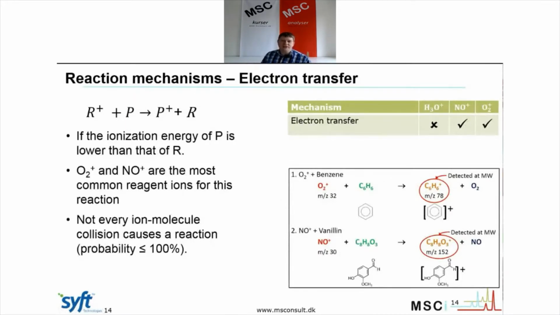The next reaction mechanism that we have is electron transfer. That's normal for NO+ and O2+. That happens if the ionization energy of the analyte is lower than that of the reagent ion. The most common reagent ions, as I mentioned, are NO+ and O2+.